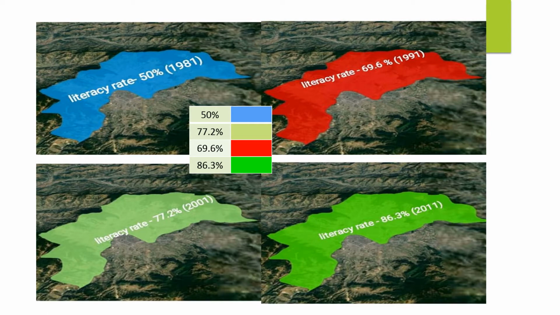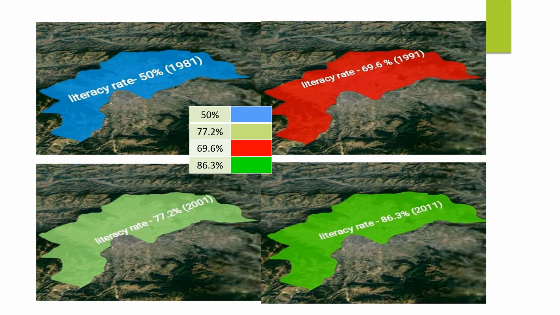This slide shows the chlorophyll map where it is highlighted with various colors in the map of Kathmandu district, showing the literacy rate of different years. That is in blue highlight, it is literacy rate of 1981, that is 50%.